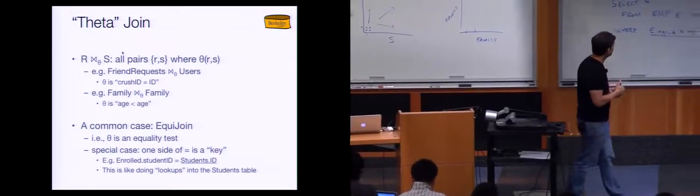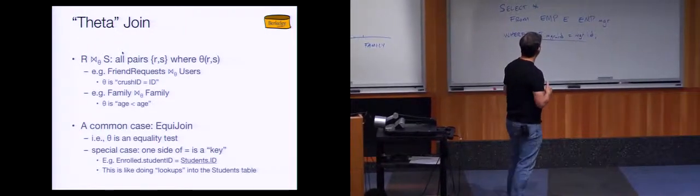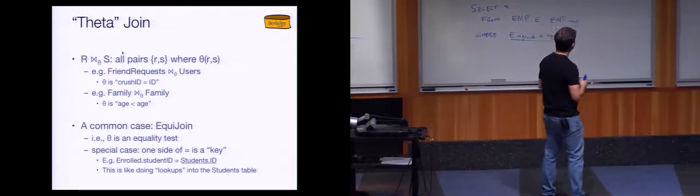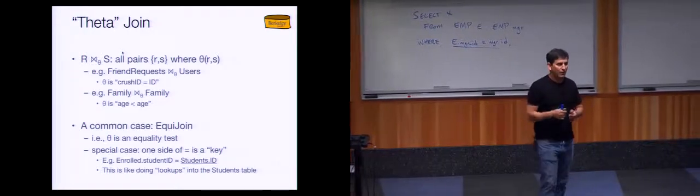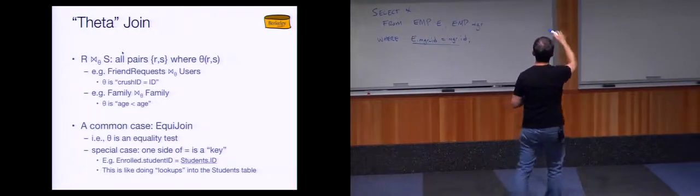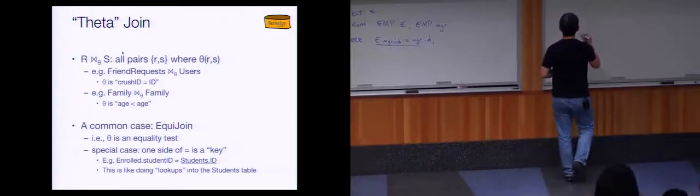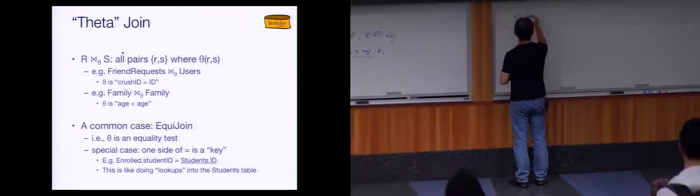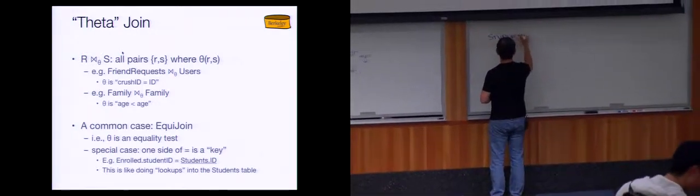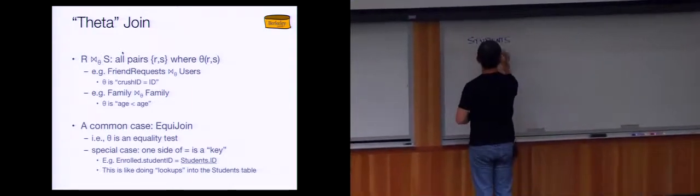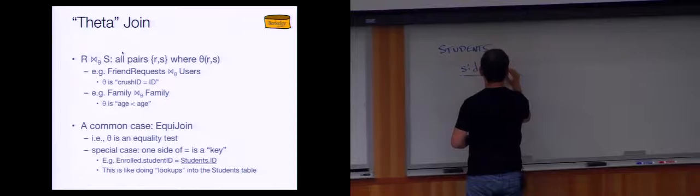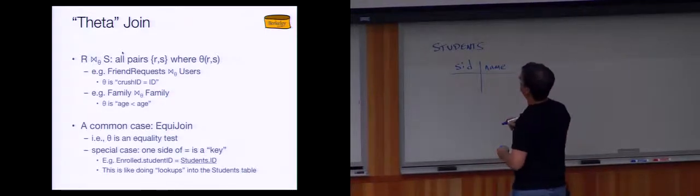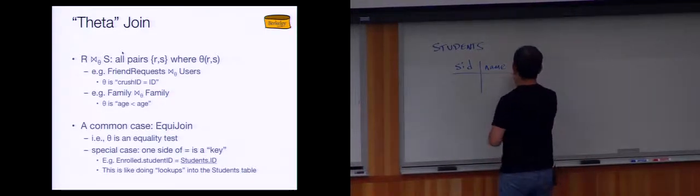They're cheaper to process. And a special case of an equijoin is when one side of that equijoin is a key. That is to say, it's the unique identifier of one of the two tables. So here's an example. We're going to have a table of students, with student ID, name, and I don't know, GPA.